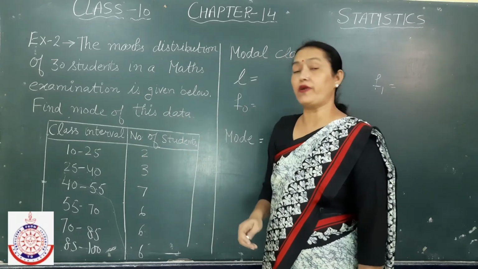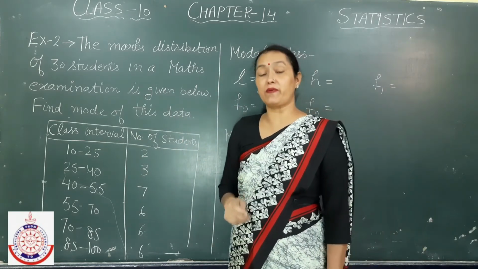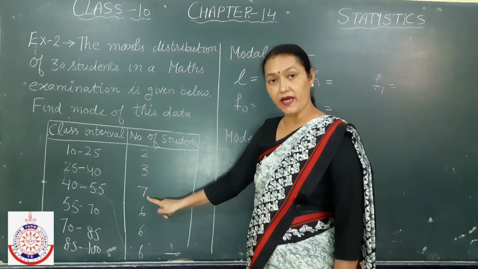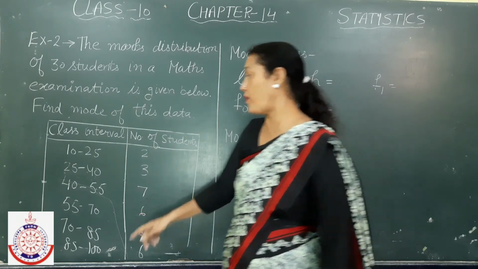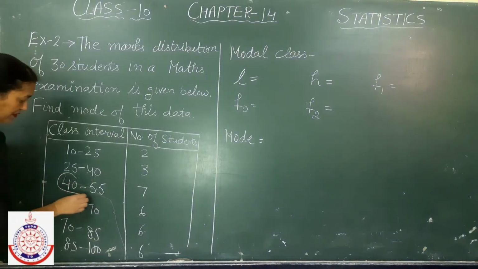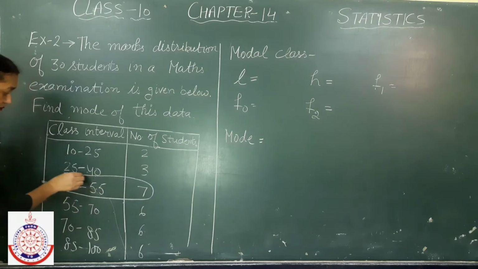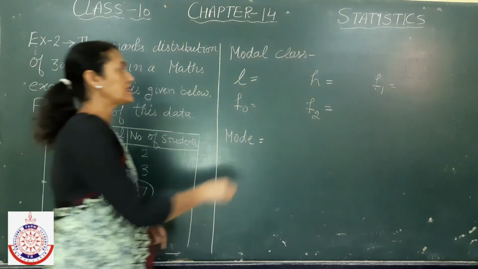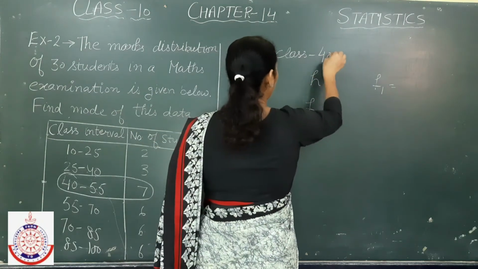In order to find the mode, let us see which value is highest. As you can see, 7 is the highest number. Maximum students have got marks between 40 to 55. So this will be our modal class, the highest value among the frequencies.